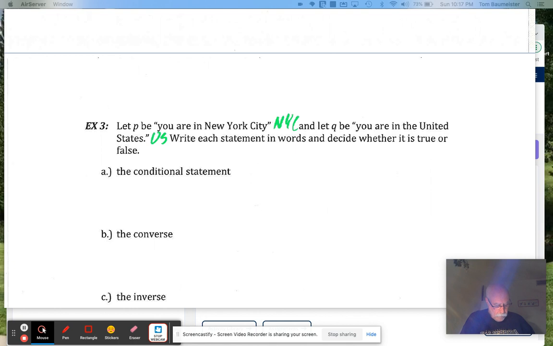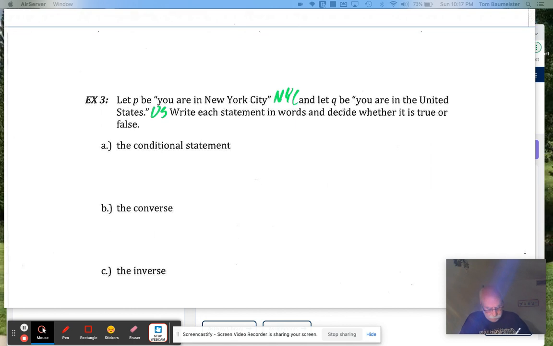Okay, so the conditional statement, we're going to write that one first. So let's say it's, again, P implies Q. So think of it that way.